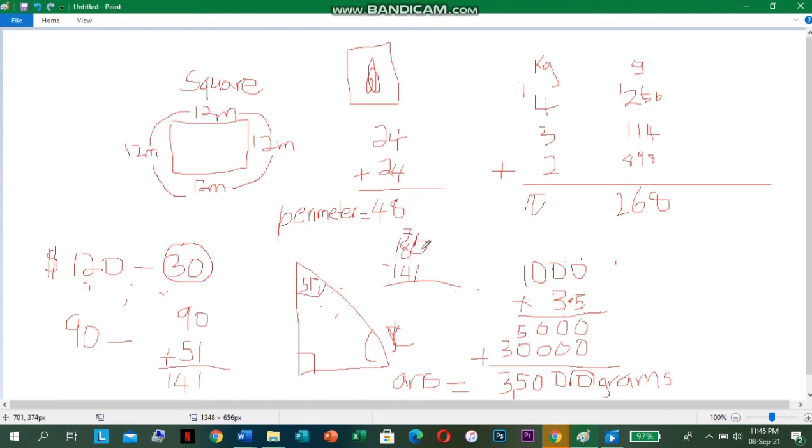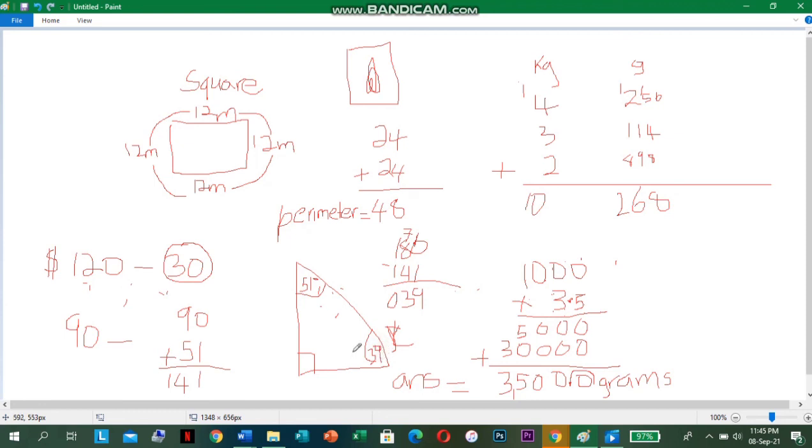So 1 from 10 is 9, and 4 from 7 is 3, and 1 from 1 is 0. So therefore now we know that this angle is 39.